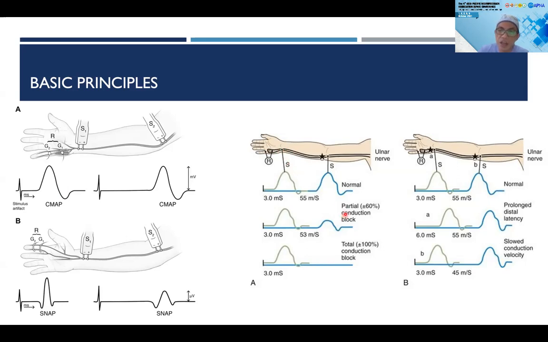It means that there is something happening between our stimulus point and the recording side. And then the detailed history taking and the detailed examination will refer to what caused the block.